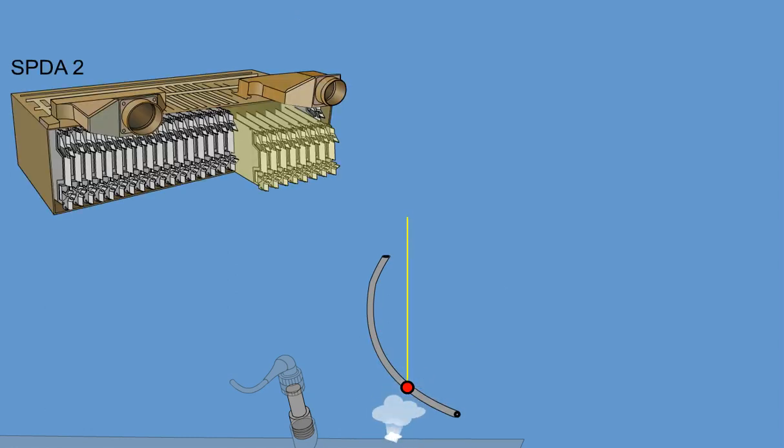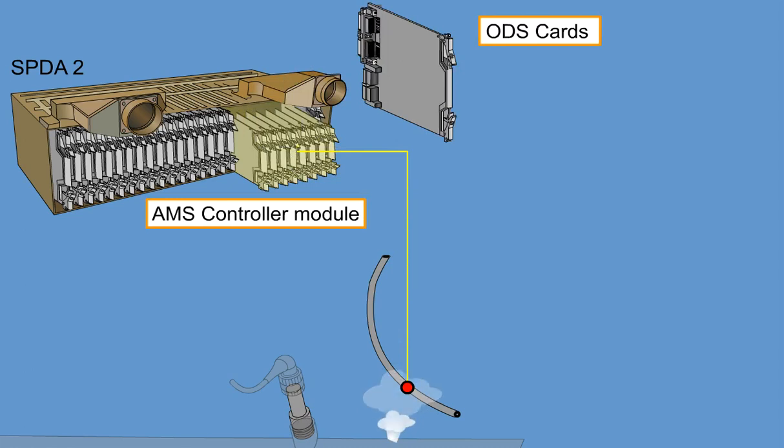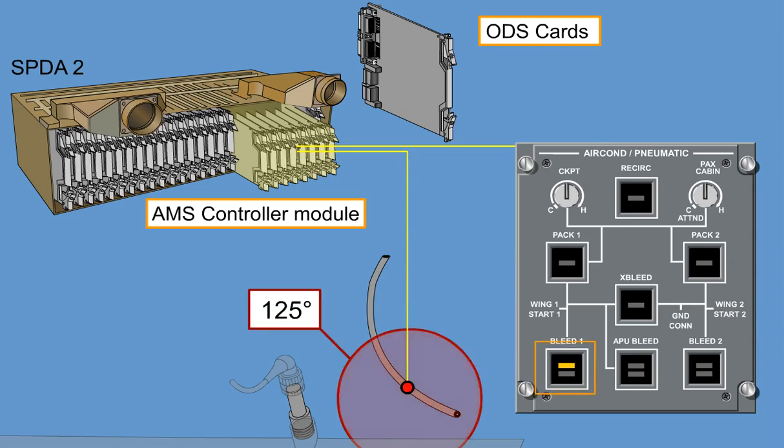A signal is sent to the ODS cards installed in the AMS controller module, and the respective system will be shut down. AMS can define the failure location within 3 inches. The system will reset if the temperature drops below the set point and the control switch is cycled.